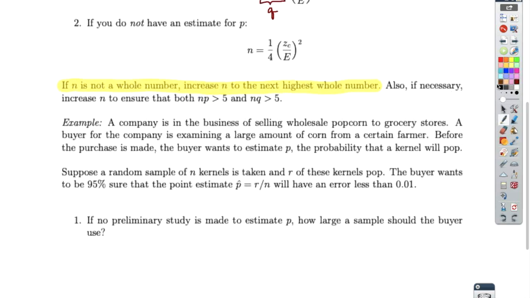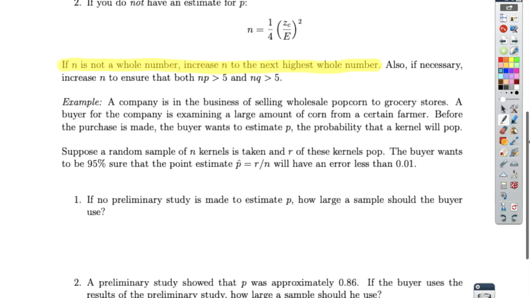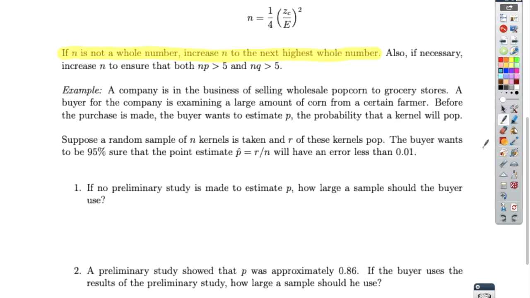A company is in the business of selling wholesale popcorn to grocery stores. A buyer for the company is examining a large amount of popcorn from a certain farmer. Before the purchase is made, the buyer wants to estimate P, the probability that a kernel will pop. They don't want to buy a big bucket of popcorn and then only a few of the kernels actually work.